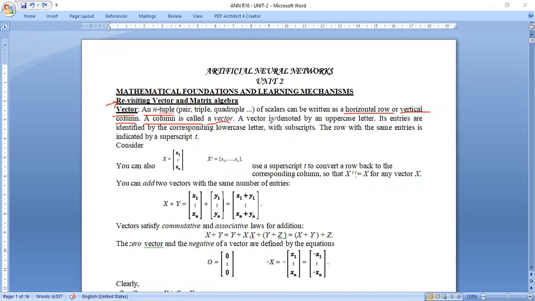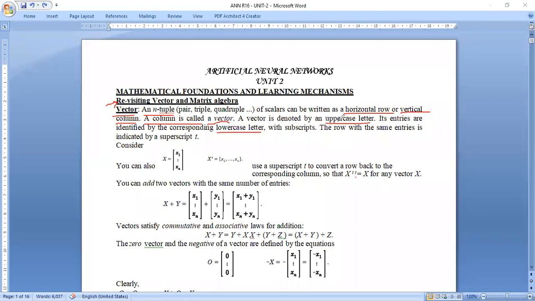How are you going to denote this vector? By using an uppercase letter. And the entries of this vector you can represent by using lowercase letters. The vector name is represented by an uppercase letter.